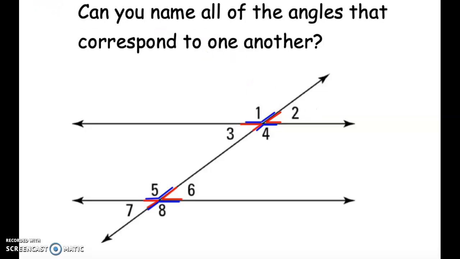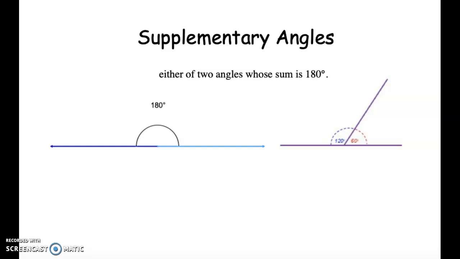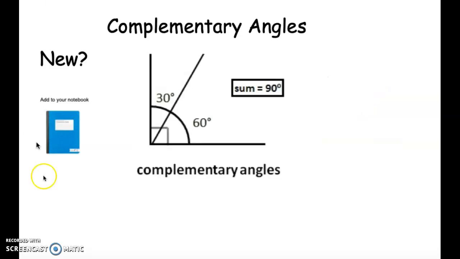Okay. Let's keep moving. So supplementary angles. Supplementary angles, just remember that that's 2 angles whose sum is 180. And then I think this next piece is new. I don't know if we covered this, so I put our add to notebook. Complementary angles. Complementary is when we have a 90-degree angle, and we have 2 angles within that 90 degrees, those angles are what are called complementary.